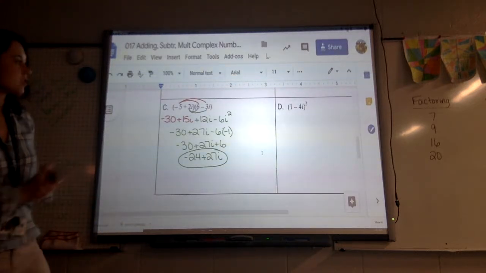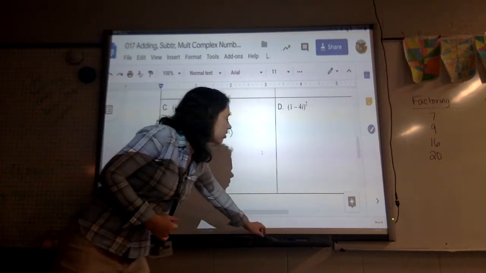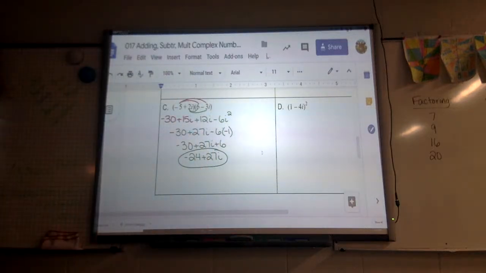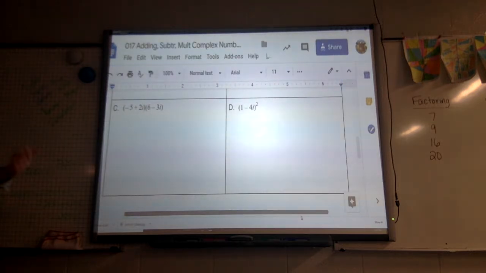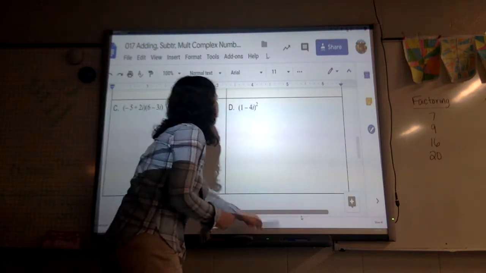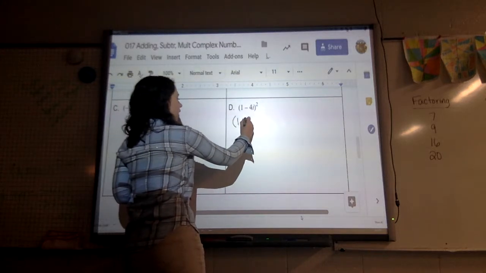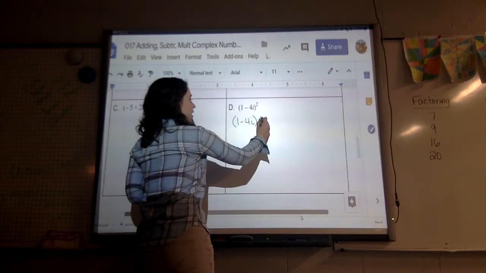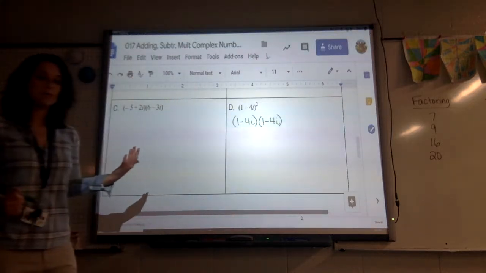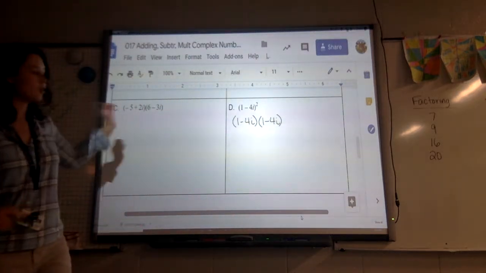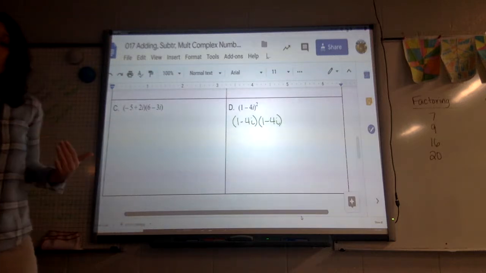So let's do one more example, part D, and it does look a little different. If you ever see something to the second power, what that means is they want you to write it twice. So what I actually have here is 1 minus 4i times 1 minus 4i. Well, now I'm doing exactly what I did in part C. I'm distributing.